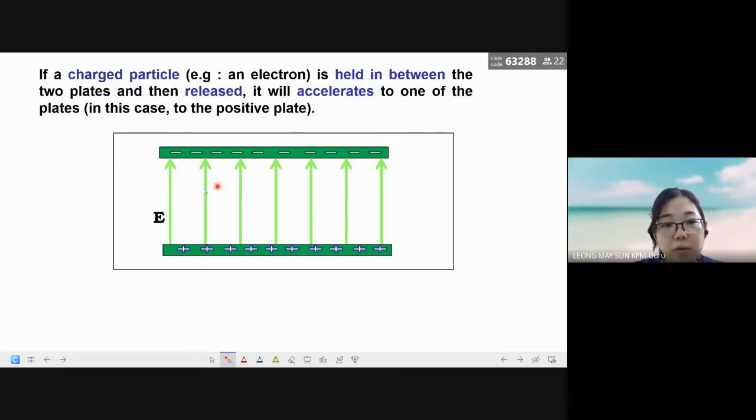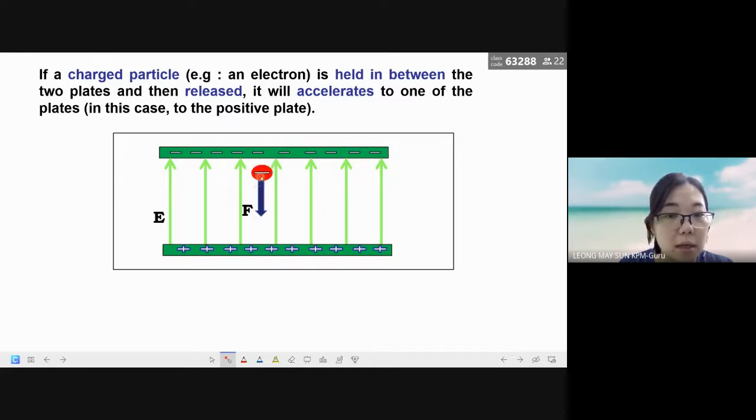If I have an electron held in between the two plates and then I release it, it will accelerate down towards the positive plate.